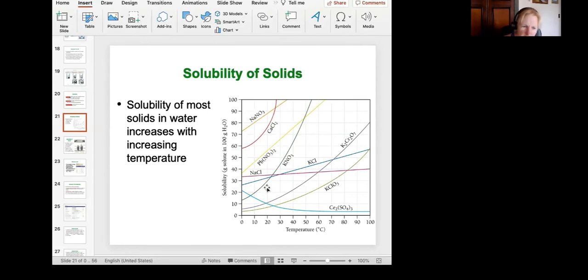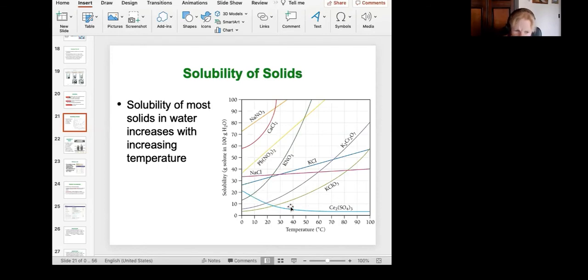As I start to increase and add more KNO3, once I get up to about 30 grams, now I'm at that saturation point. The only way I can get more potassium nitrate to go into solution is to heat it, right? So if I heat it up to 30, now I can get up to about 45 grams of potassium nitrate. I can shift that saturation point by increasing the temperature.